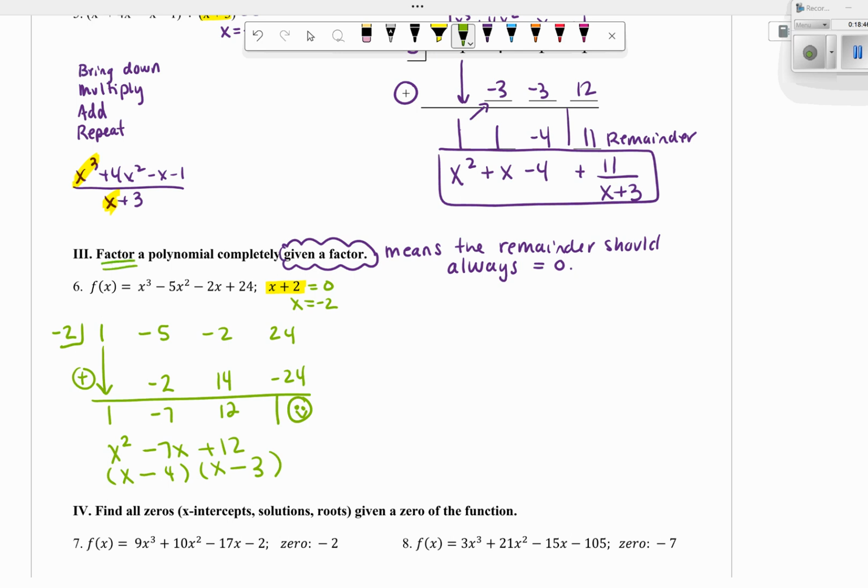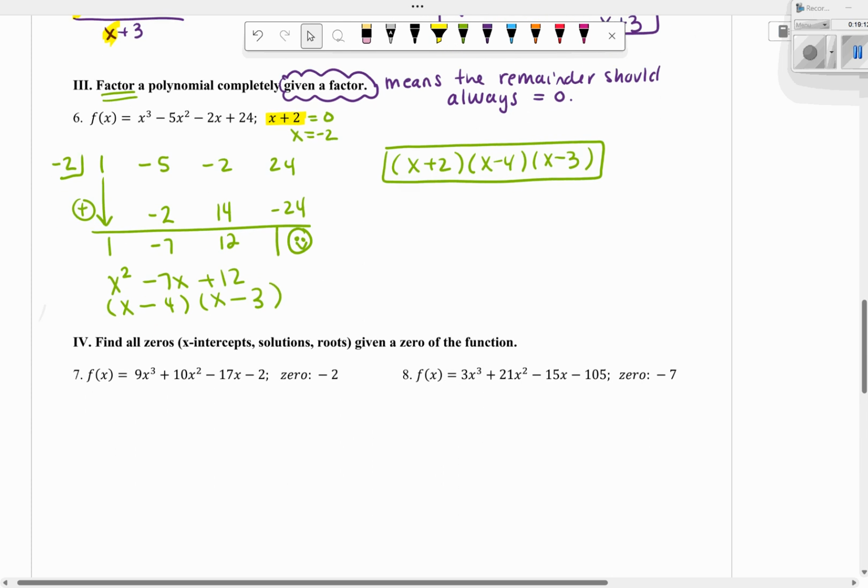So then the factorization is x plus 2, because that was the given factor, times x minus 4 times x minus 3. So now we have factored our polynomial completely because I can't factor those binomials any further, but if I could, I would. And if I were to multiply this all out and combine like terms, you would get your original polynomial equation.